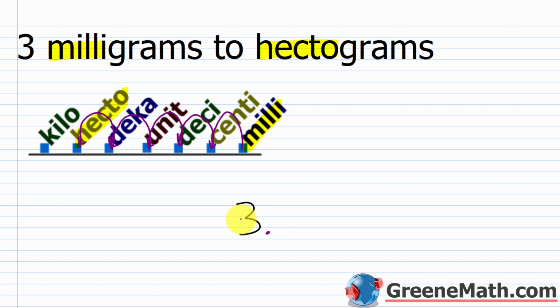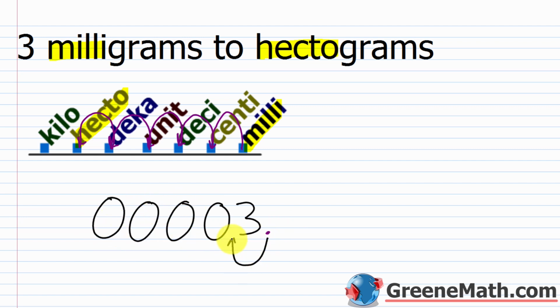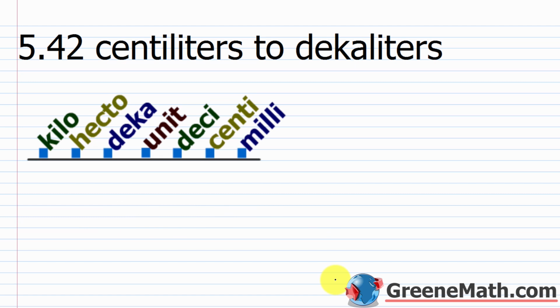So I would need to add in 4 zeros here to the left of the 3. 1, 2, 3, 4. So I can move this 1, 2, 3, 4, 5 places to the left. And I'll end up with 0.00003 hectograms.